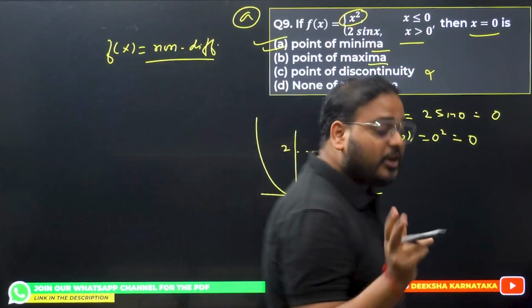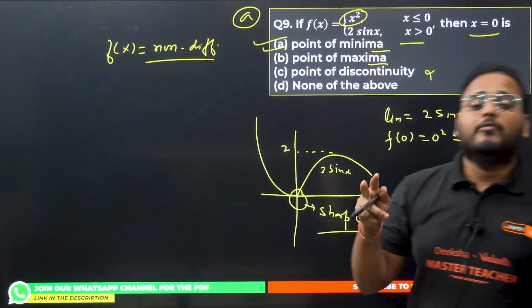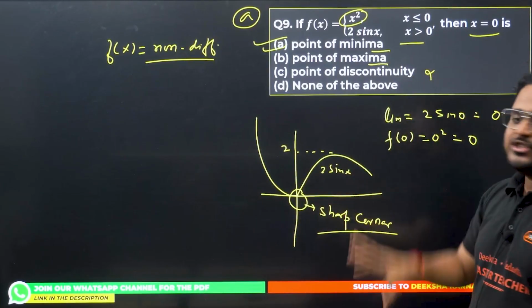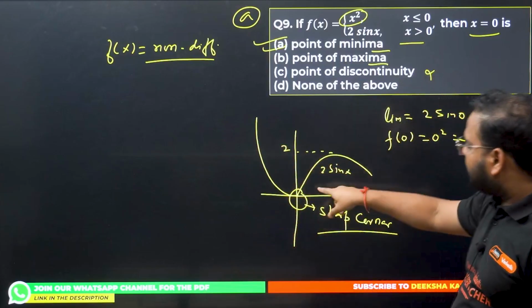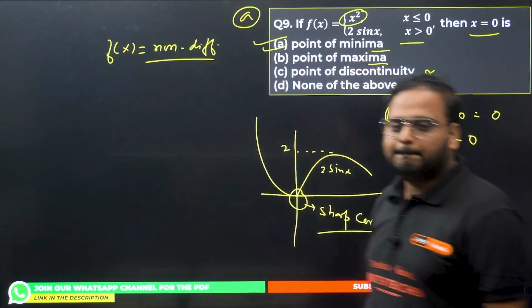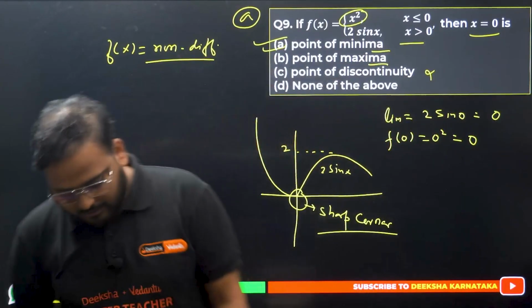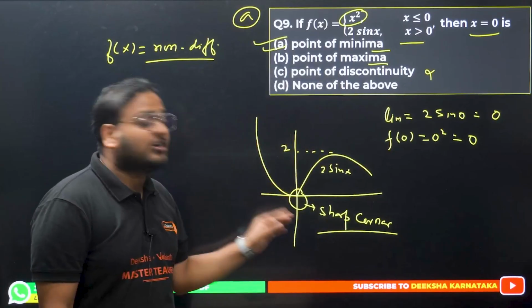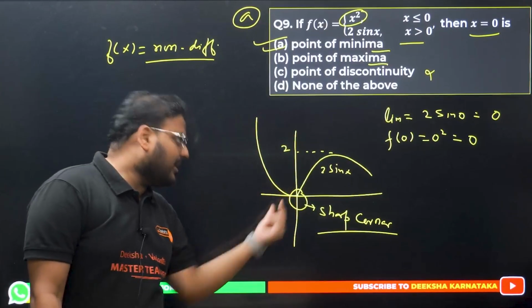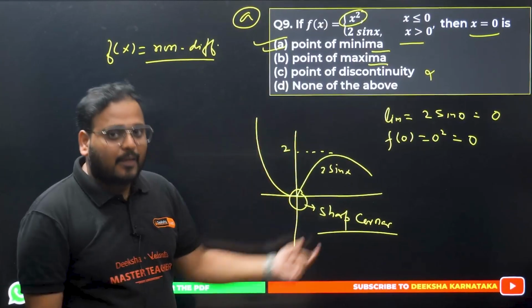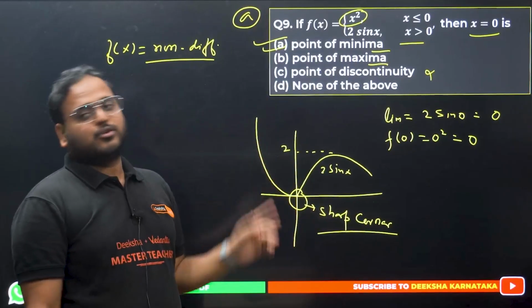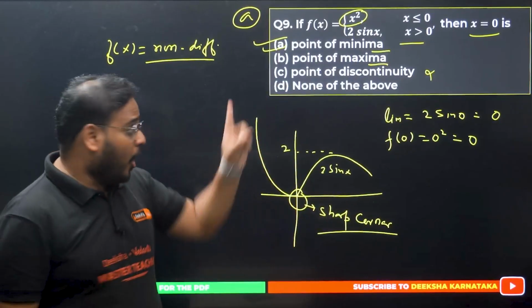Even though we cannot find the differentiation of this, we can see from the graph that it is a point of local minima. Even though the function is not differentiable, I can see from the graph it is creating a point of minima at x equal to 0. My answer is option A, not D.